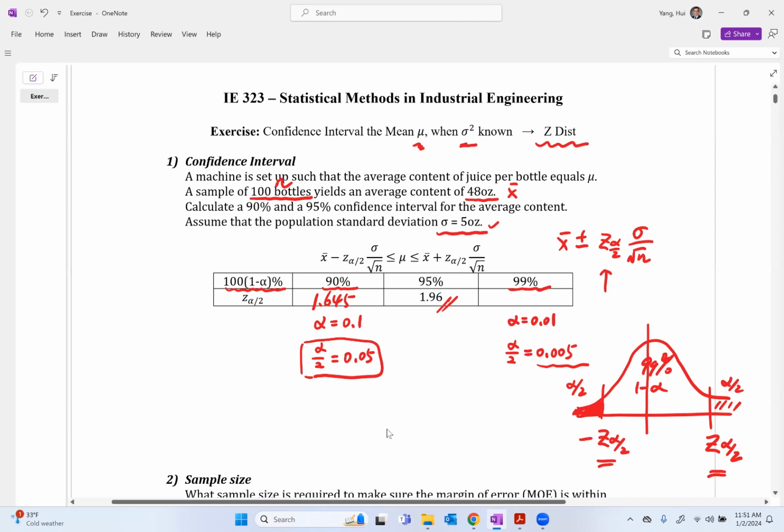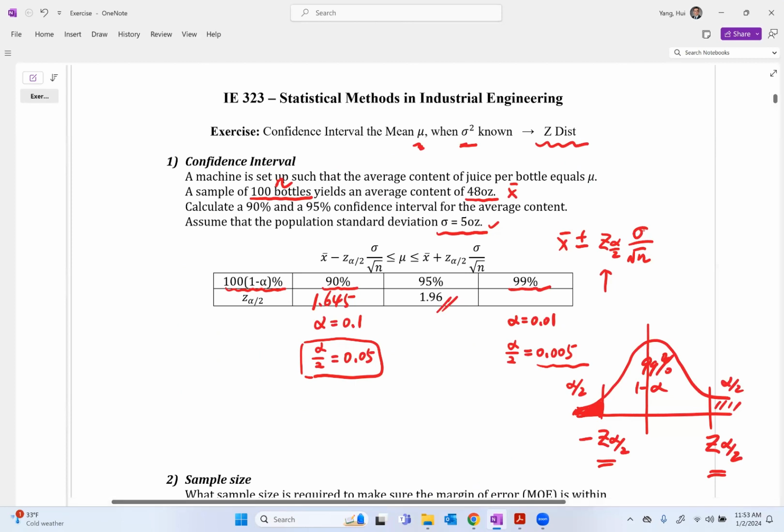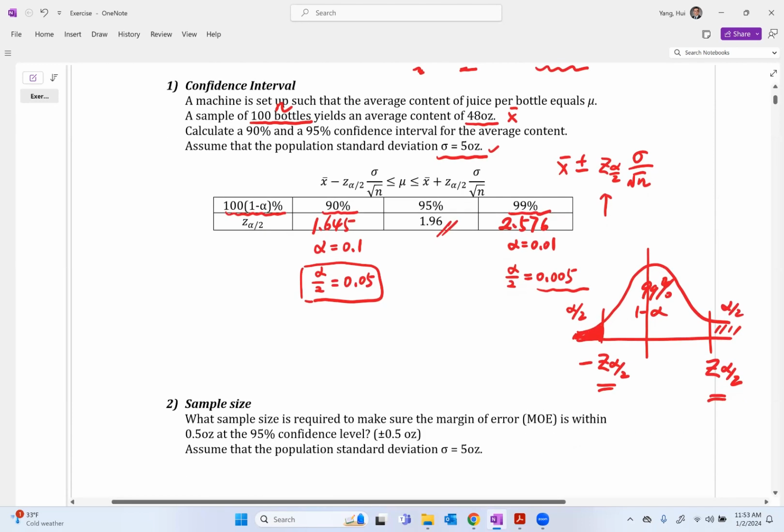Now let's find 0.005 in the table. It seems to be in the middle of these two, so it should be minus 2.57 and 2.58. The exact value will be 2.576.